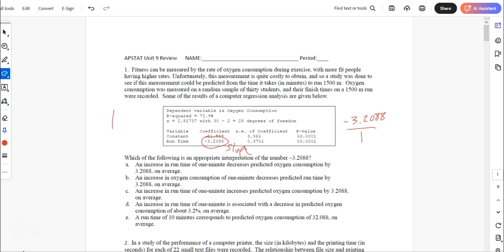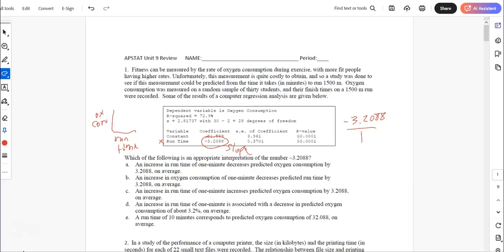And let's think about what is our x and y here. So x is our runtime. So that's always the x variable right there in the output. Let's think about what the y is. I guess this is oxygen consumption.